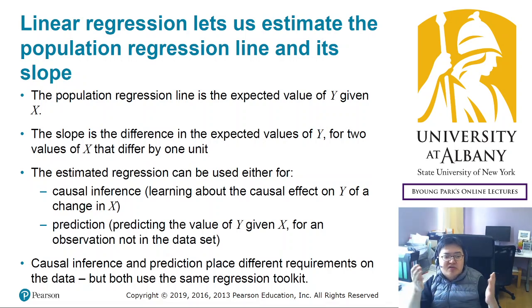So prediction and causal inference are the two most common, and maybe the only two, goals of regression models. They are different, but the difference is quite subtle. So I'm not sure if I will have a chance to talk about their differences, but basically they are using the same regression models.